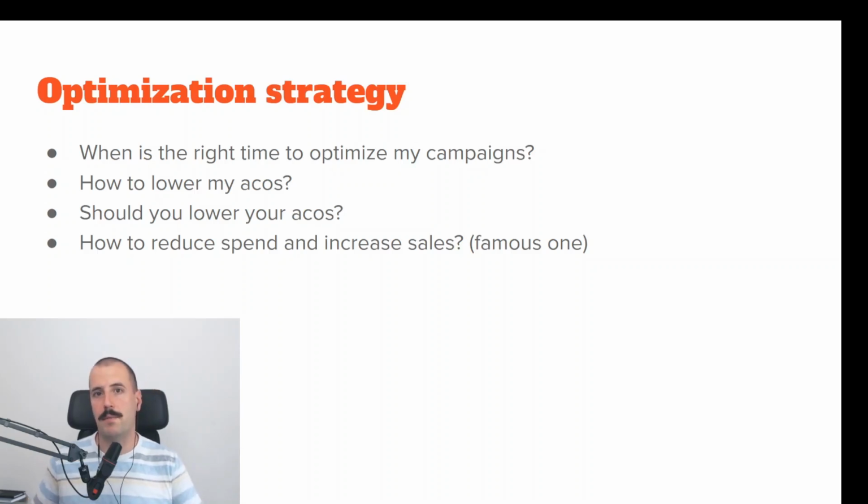In general, yes, based on the attribution window, but you should always optimize based on the data. If you're operating in a highly competitive category and your product is really wanted, you can even optimize after a day, or after, I don't know, 3 hours, depending on how much volume you get.